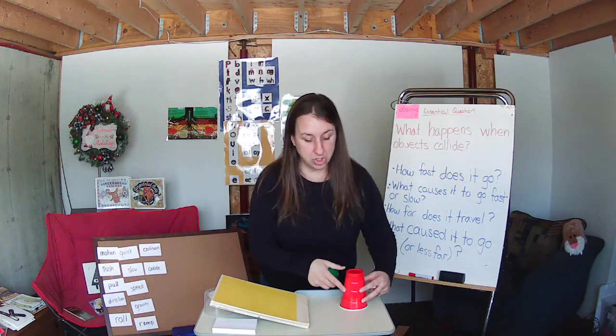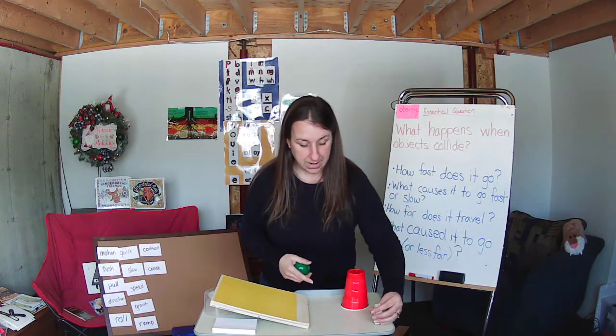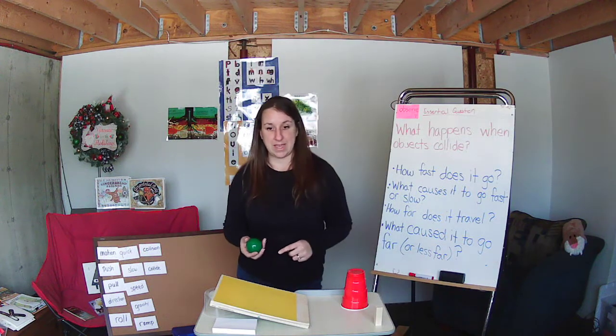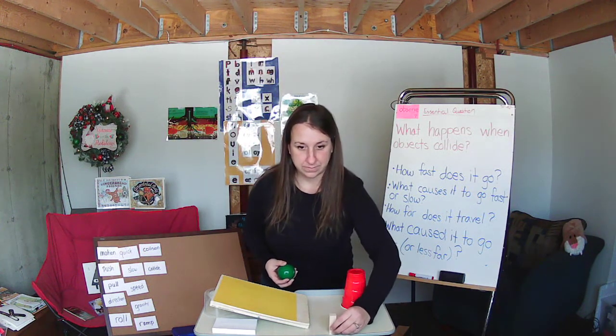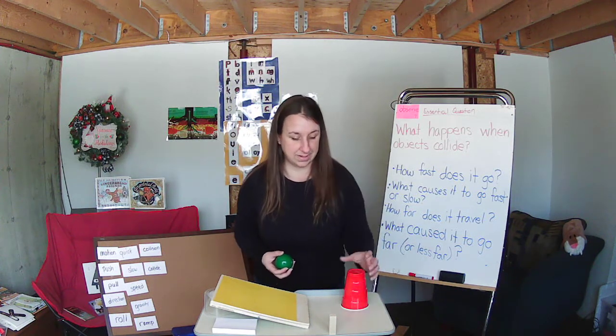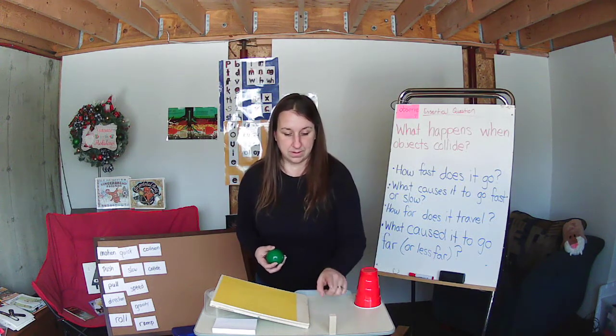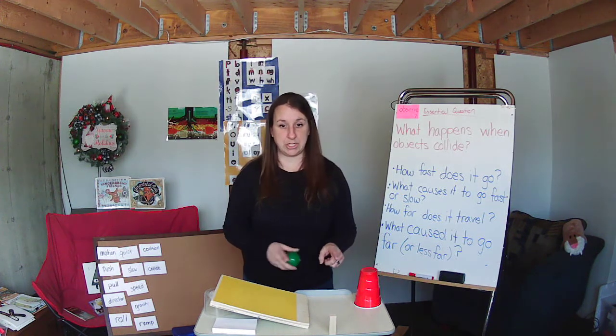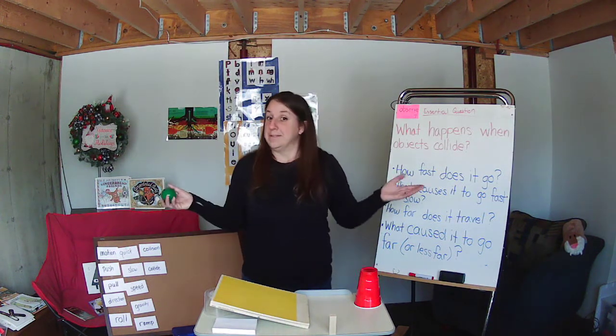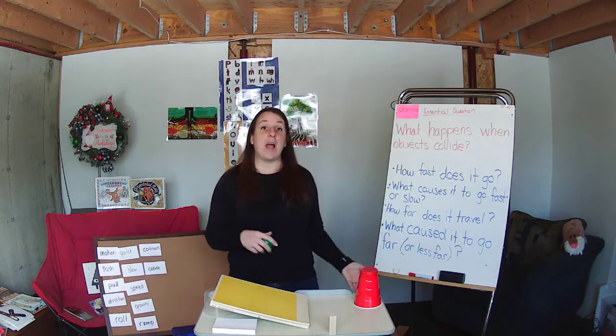So my job right now is I'm going to see if I can knock this piece of wood off my table by causing a collision and a change of direction. It's going to be trial and error.